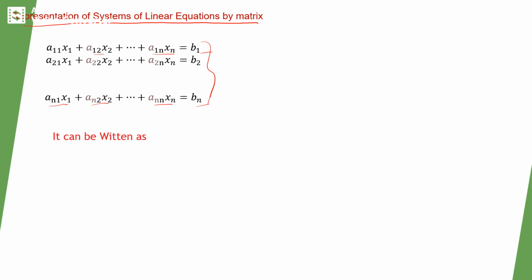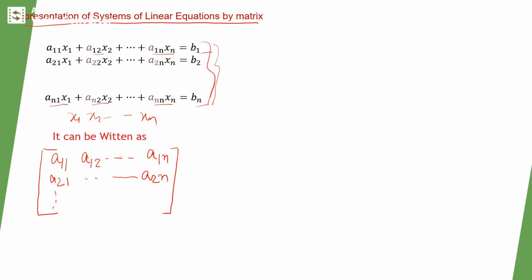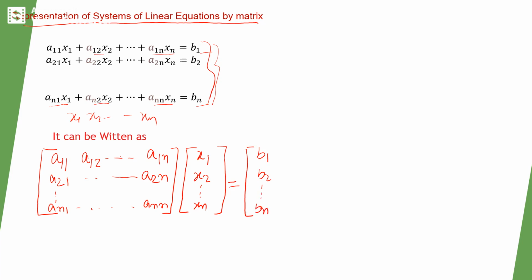So here we have n unknown variables, x1, x2 and so on up to xn, and this system can be written as the matrix with rows a11, a12 and so on, a1n; a21 up to a2n; and so on; an1 up to ann, multiplied by the column matrix x1, x2, and so on, xn, is equal to b1, b2, and so on, bn.